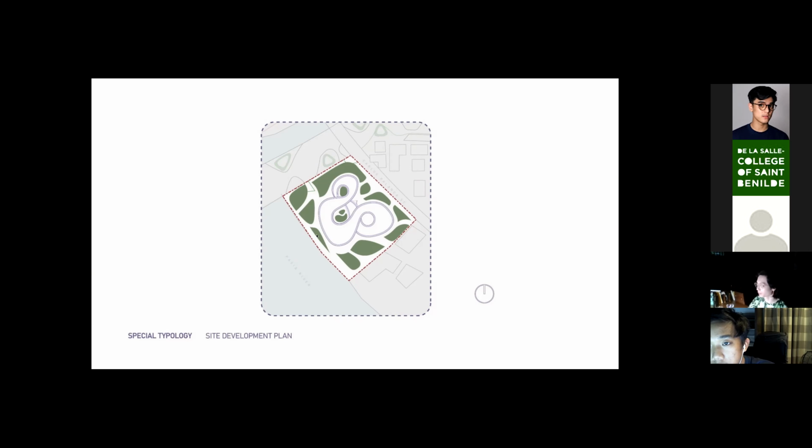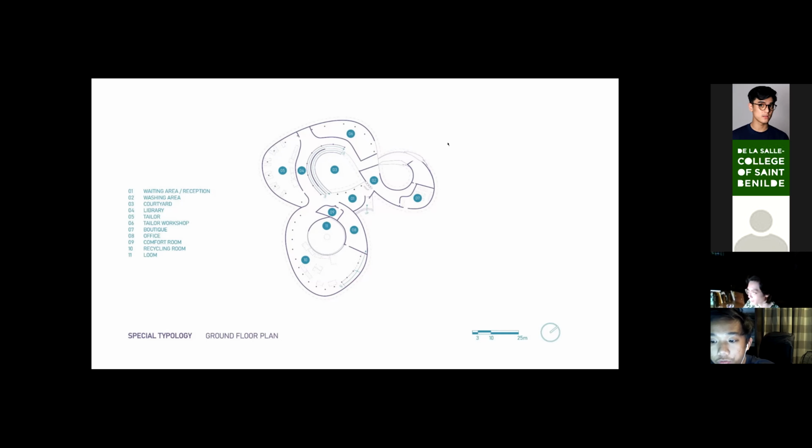Next. And this is the street and this is the Pasig River. Okay, so this is the ground floor plan. And if you notice here, the building is actually enclosed.